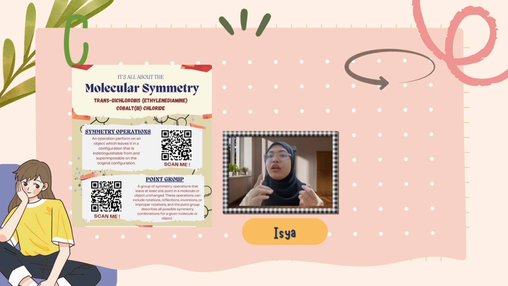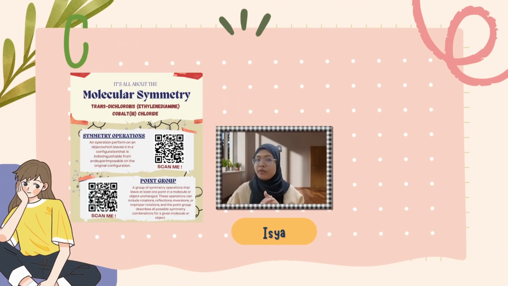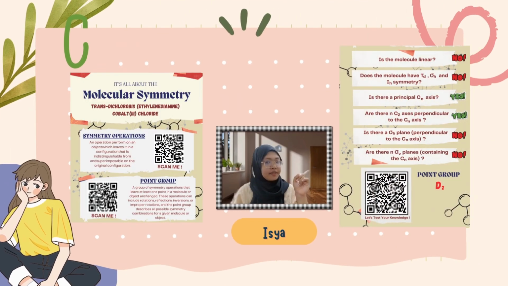These include rotation, reflection, inversion, or improper rotations, and the point group describes all possible symmetry elements for a molecule or object.